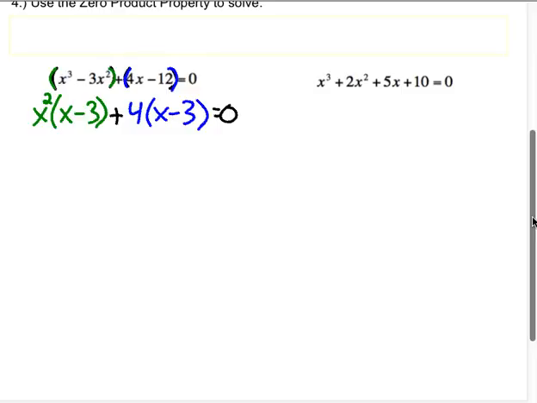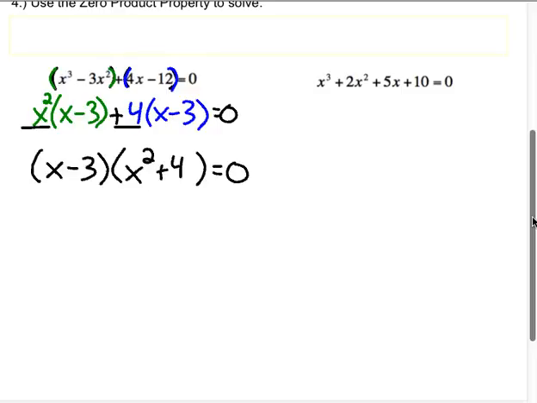Because when you have that same parenthesis, the x minus 3, I'm going to factor that completely out front. I'm pulling those parentheses out because I have 2 of the same thing. Then what I have left is that x squared and that plus 4.